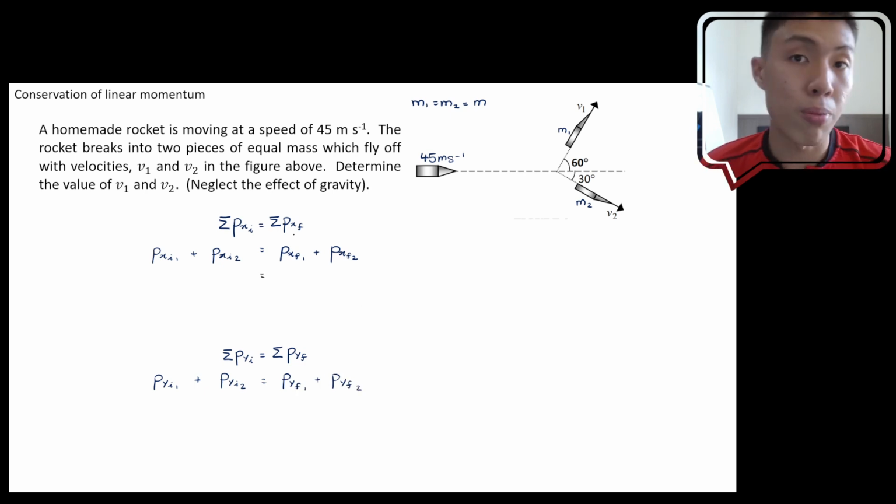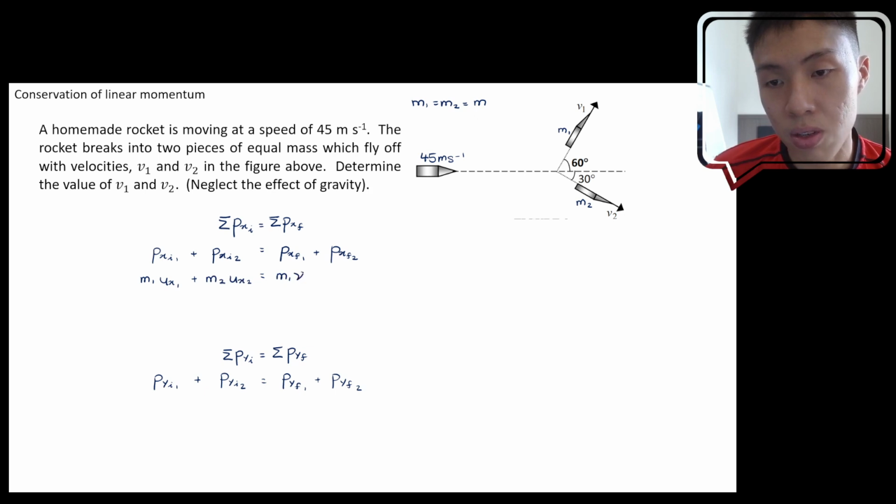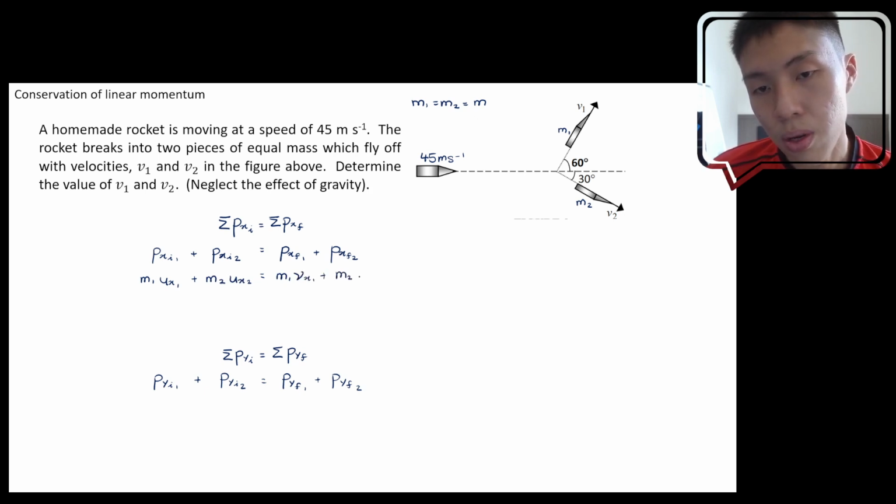Okay, so you can break it open. You know that momentum is just a product of mass and velocity. So in this case it is mass m1 multiplied by the x component of velocity for object 1. So this one will be ux1. Why do we call it u? Because it's the initial situation. This one will be m2 ux2. The other side will be m1, but this one will be v because this is the final situation. vx1 plus m2 vx2.